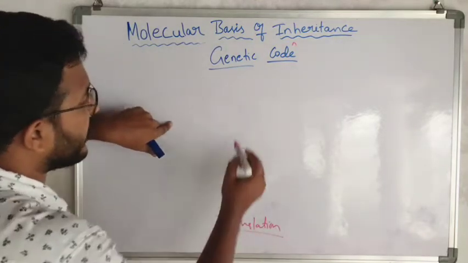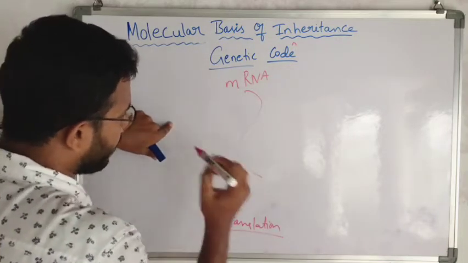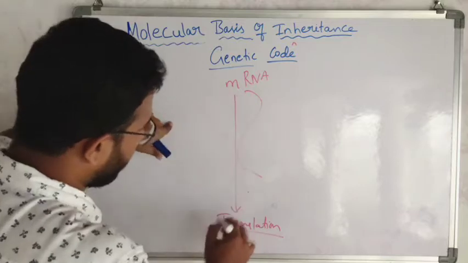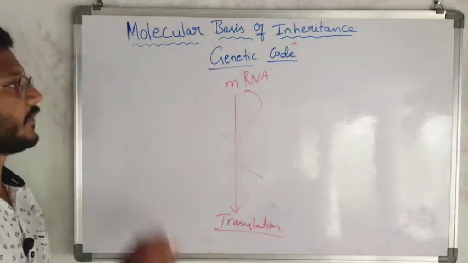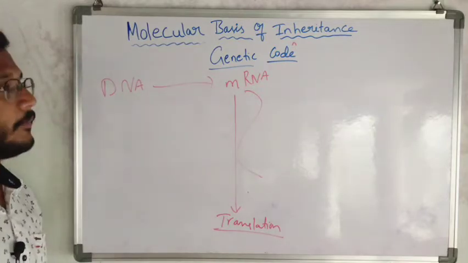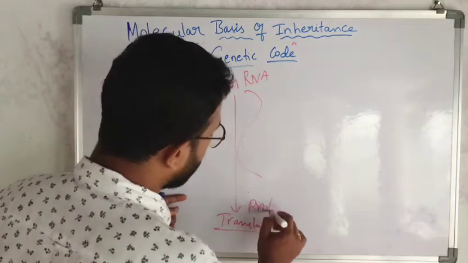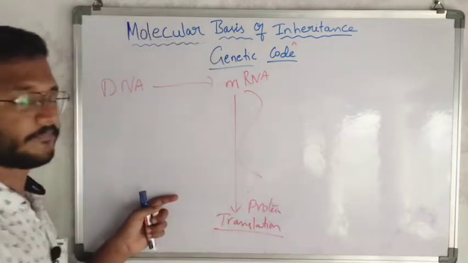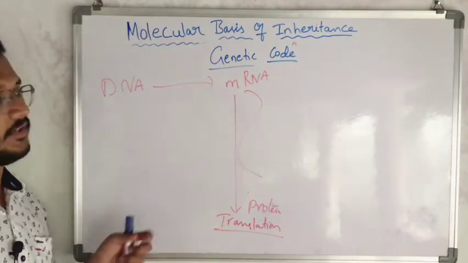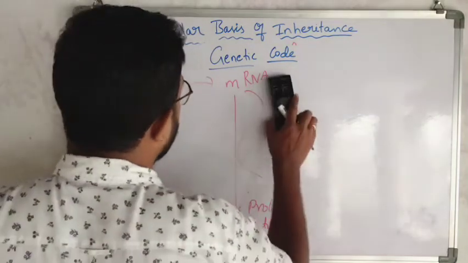Before translation, from mRNA, what is happening? From DNA we already saw how the mRNA is formed, but from mRNA to protein, what is required? For that purpose, we have to understand some depths of molecular biology.